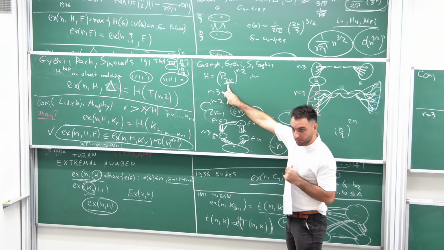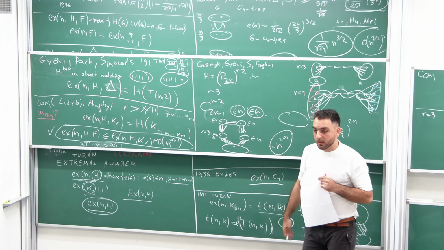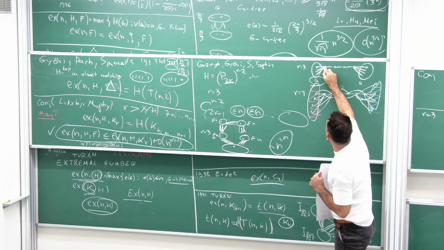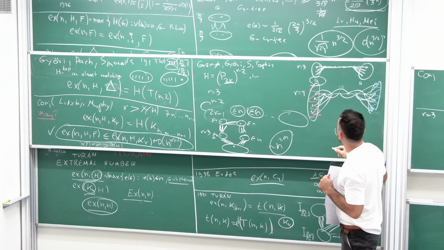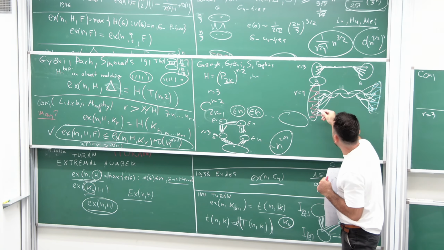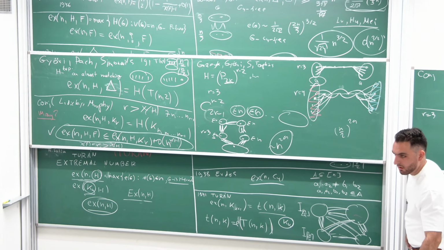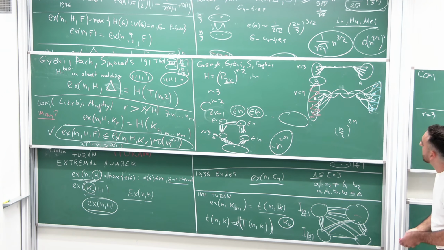So diameter is 2r minus 1. So we say that if the diameter is less than that. But for r equals 4, now in the construction the diameter is only 4, right? 1, 2, 3, 4, 5. No, 7, which is also 2r minus 1.